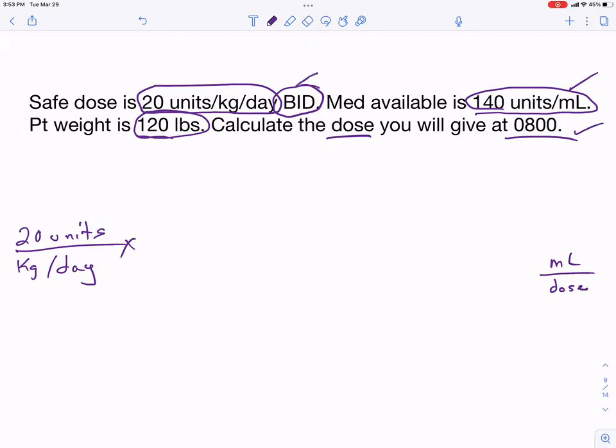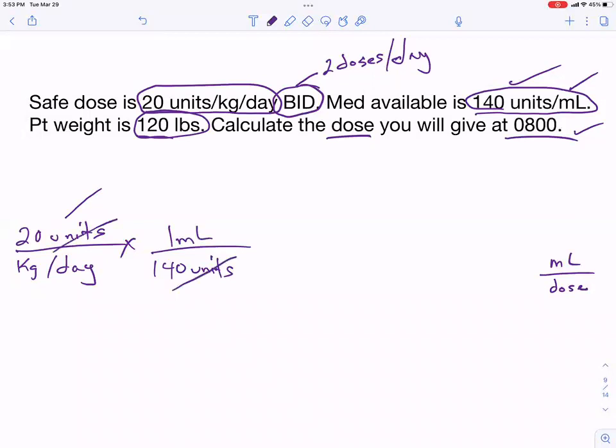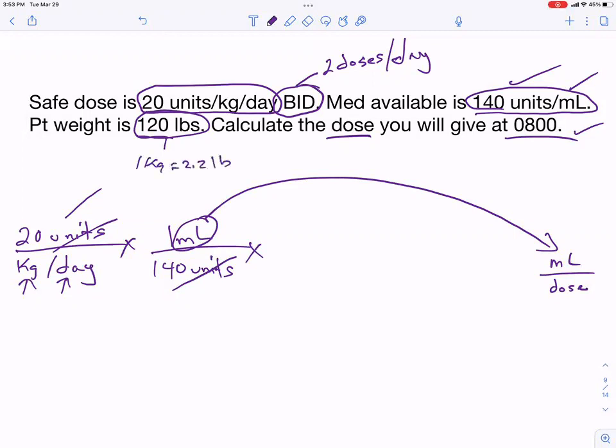So what is BID? That's 2 doses every day. That's what BID means. So how do I get rid of units? I use what's in my problem. 140 units in each milliliter. That gets rid of my units. I have the first part here, but now I got to get rid of kilograms and day. How do I get rid of kilograms? The patient's weight is in pounds. 1 kilogram is 2.2 pounds.